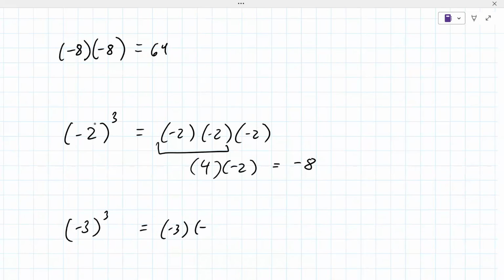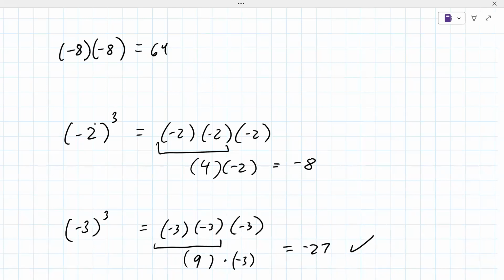Positive or negative? Positive. So -3 times -3 is 9, but then you're multiplying times -3, so that ends up being negative 27. Yeah. All right. So the idea here is that a negative number to an even power is always positive, and a negative number to an odd power is always negative. But maybe you'll see that in an upcoming class.